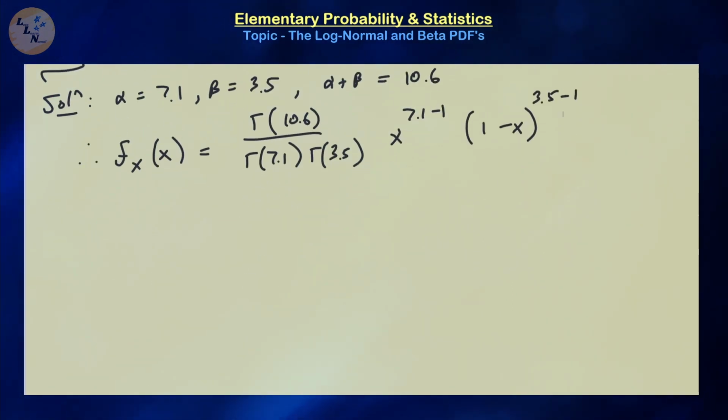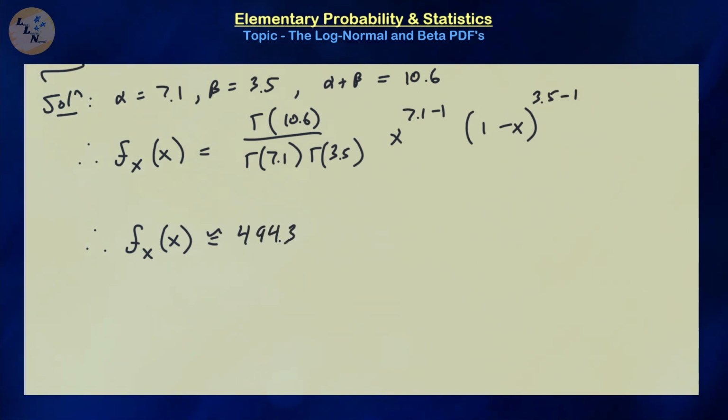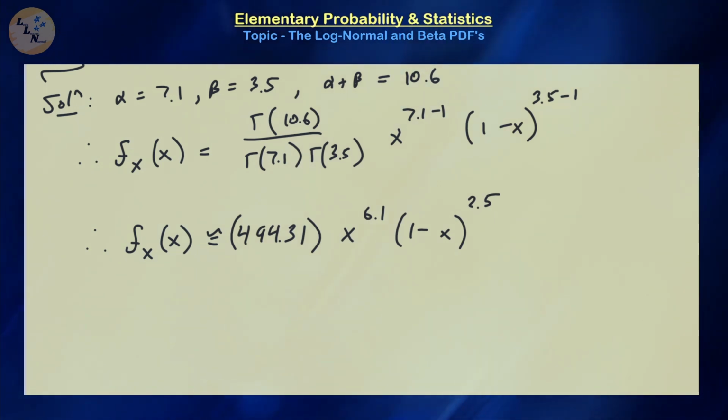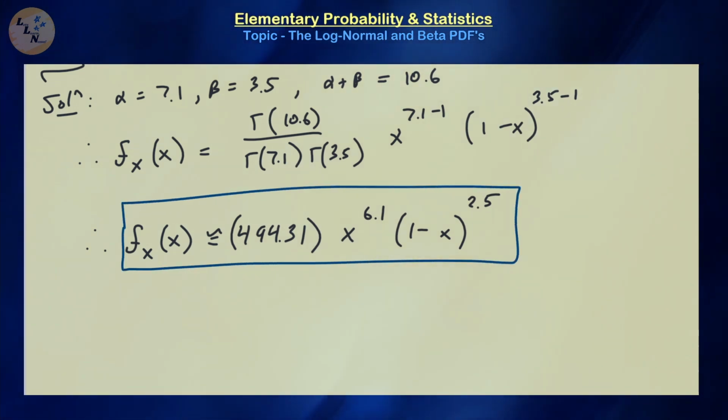So that means our probability density function to estimate the proportion of people who like panda bears in this population is going to be f of x is equal to approximately 494.31 times x to the 7.1 minus 1, which is 6.1, and then 1 minus x to the 2.5. Right? So this is going to be the model that we're going to be integrating.